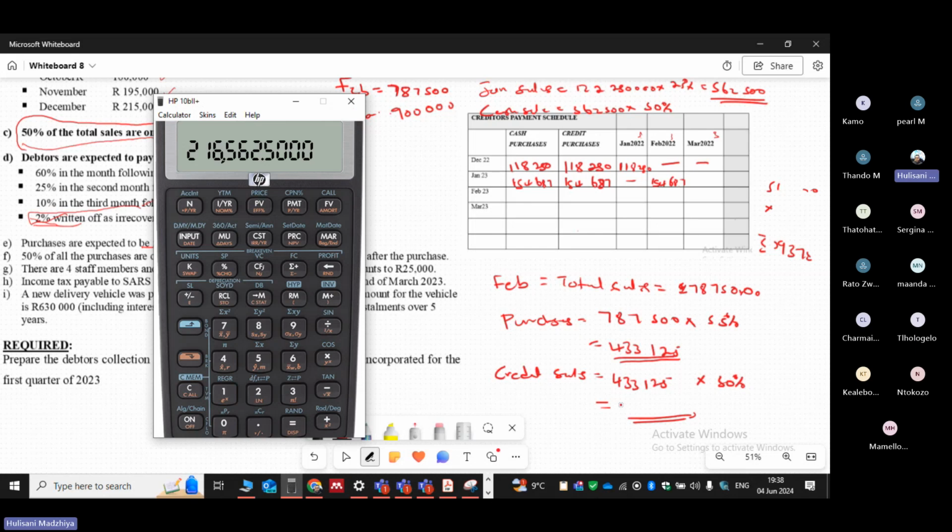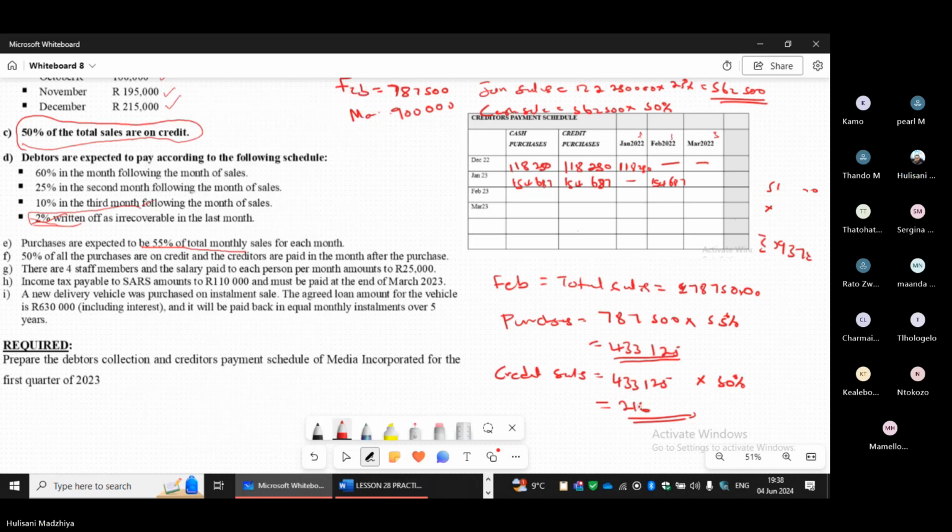So this means that credit sales is going to be 216,562, or if we round it off, 563. So here you are going to have credit sales of 216,563.